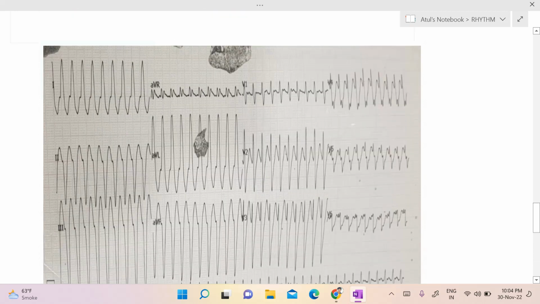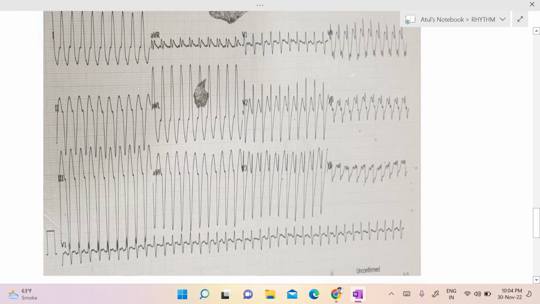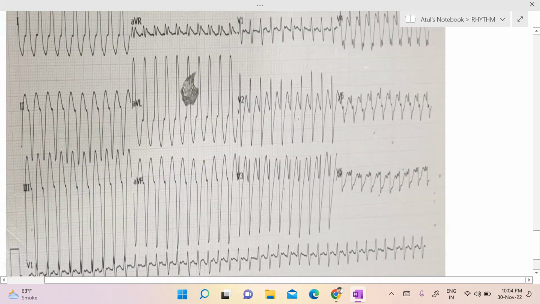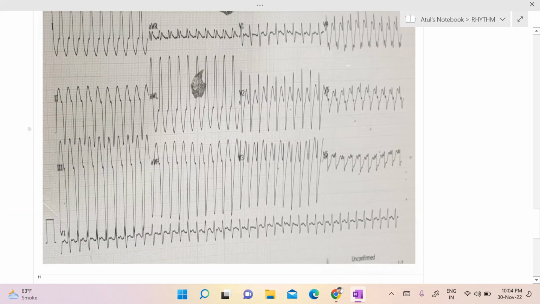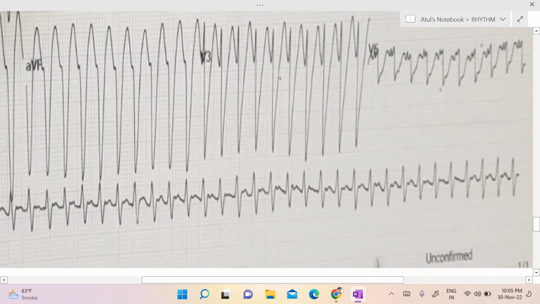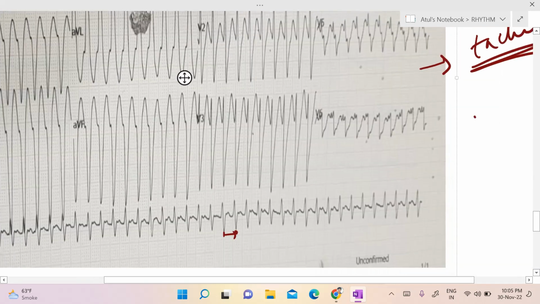Now coming to this ECG. After reading all of this, let's try to identify the rhythm of this ECG. At a look, it seems to be tachycardia. Without even calculating the heart rate, we can say that this is definitely tachycardia. See, around 1 and 6 small boxes, equivalent to 300 or 280 beats per minute. Is this regular?